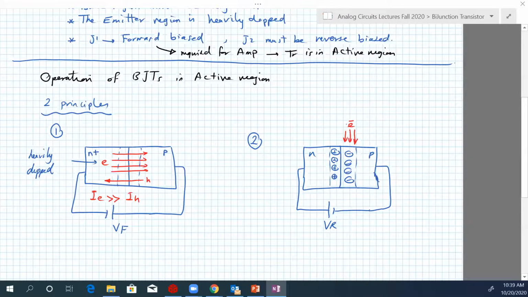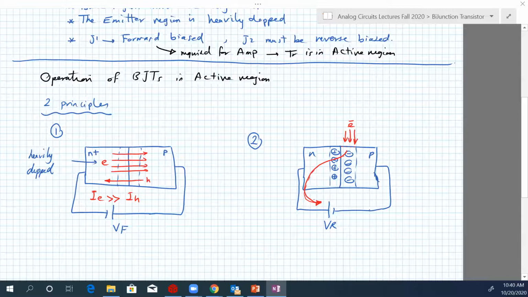So somehow we figure out how to inject electrons from here. What's going to happen to these electrons? You have a battery here, and the positive terminal is near the N because it's reverse bias. When you inject electrons from the P part, these electrons will be drifted that way and get consumed in the battery.